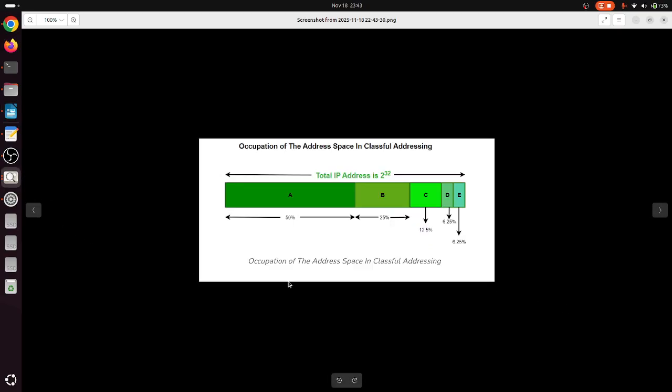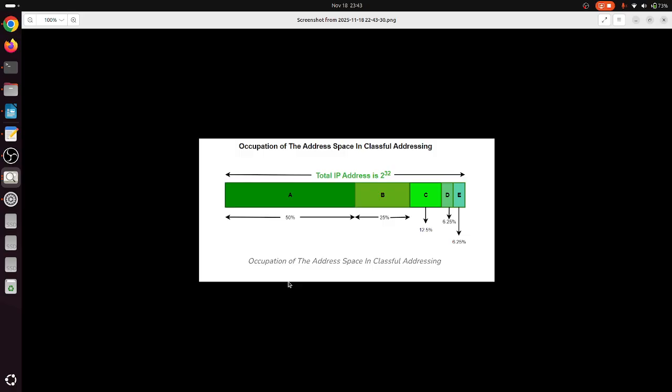Now, looking at the occupancy of the address space, class A occupies 50%, since it occupies 0 to 127, which is half. The next 25% is occupied by class B, class C is occupied by 12.5%, and the rest, class D and class E, occupy the next 12.5%.